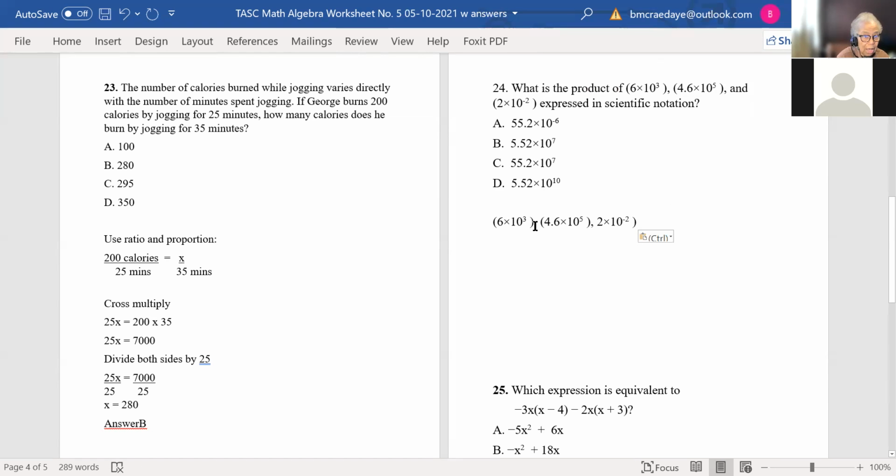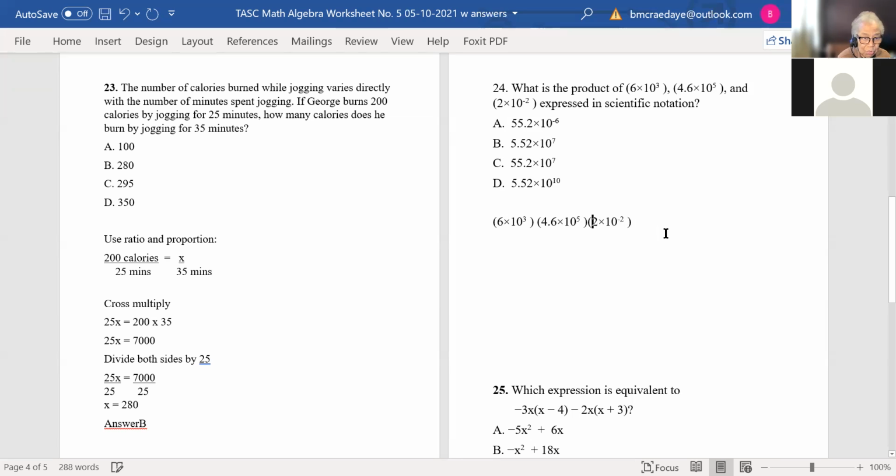Now you don't need the commas because this is multiplication. Let's take the commas out. Now, when you multiply, you add the powers, right? Correct. So you multiply these numbers, 6 times 4.6 times 2.